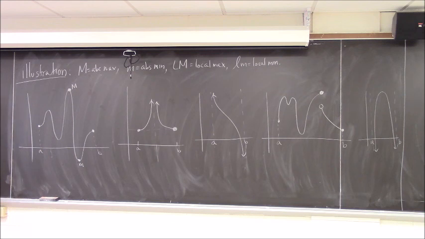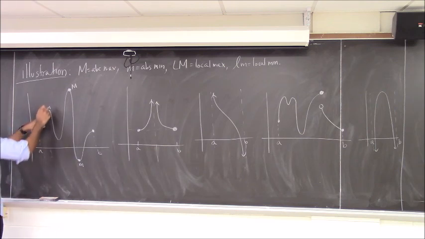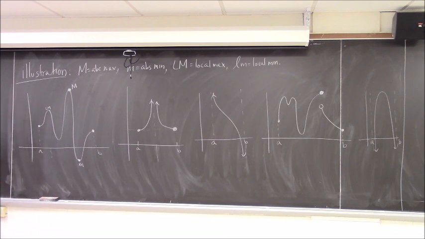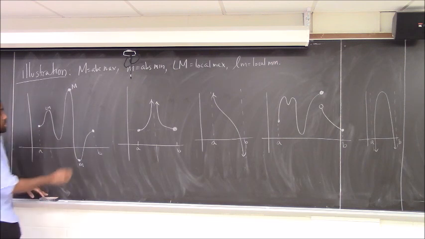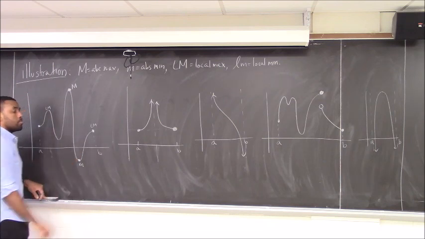Let's talk about local maximums and minimums. Can you identify local maximums? Right there. That one. This is a hump here, so that's a local maximum. Anywhere else? Yeah? Point B is also a local maximum, right?